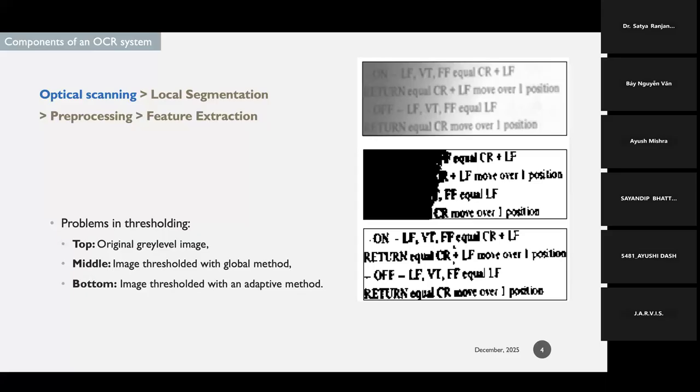The thresholding process is important because the following recognition depends totally on the quality of the bi-level image. Still, the thresholding performed on the scanner is usually very simple. A fixed threshold is used, and gray levels below this threshold are set to black and levels above are set to white.